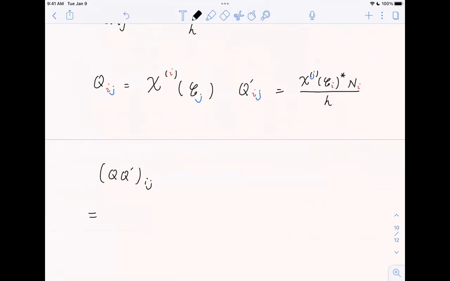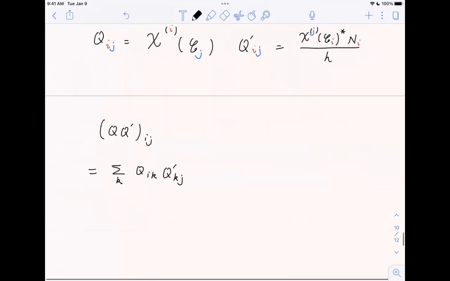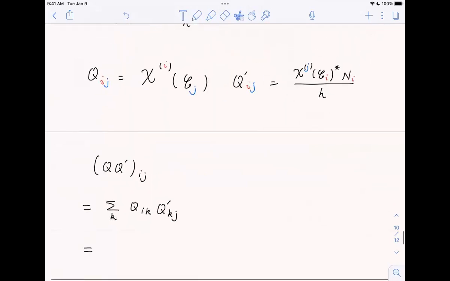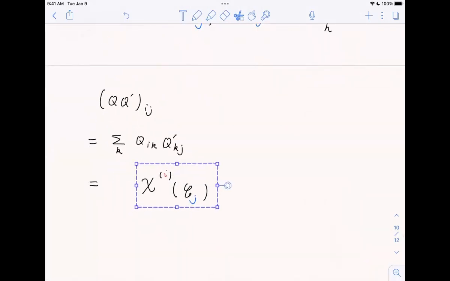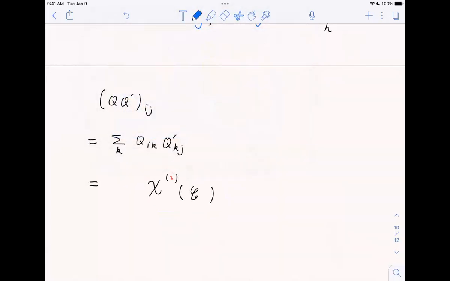So you can sum them together. Let's say K. Okay, you have Q_iK and Q prime_Kj. Then you just take this, copy. So here you're going to have I, but this thing is going to become K. Okay.